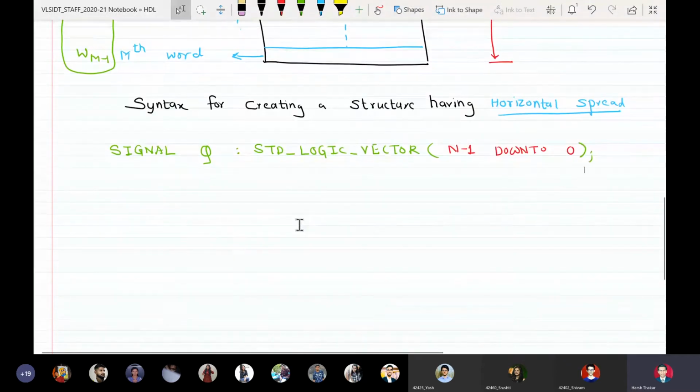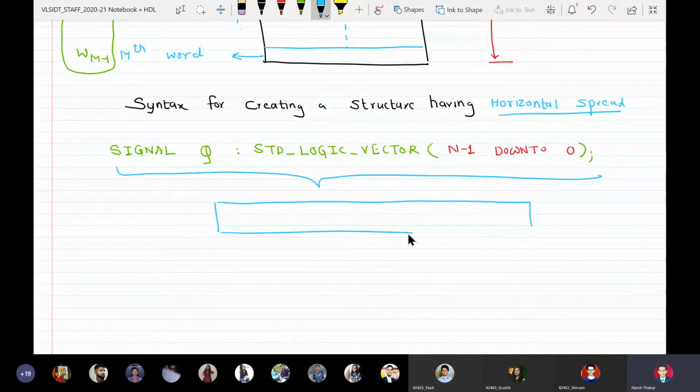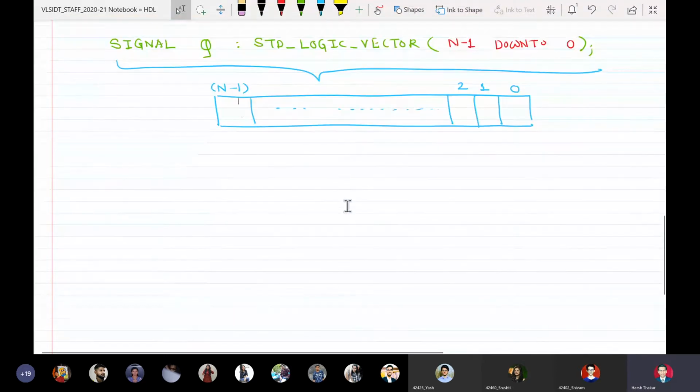Okay, so this particular statement in VHDL will create this structure: 0, 1, 2, n minus 1. Now we want to replicate this structure again.